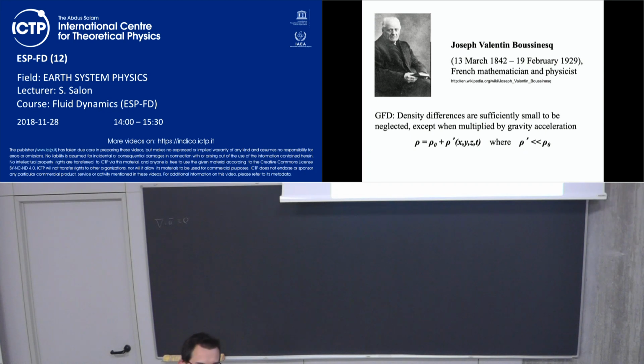Okay, so you can do it as we did yesterday, just by looking at the equation of state of the seawater, which is a specific case. But we can also remember that usually space and time variation in density are much smaller than space and time variation in velocity. Okay, relative, of course.